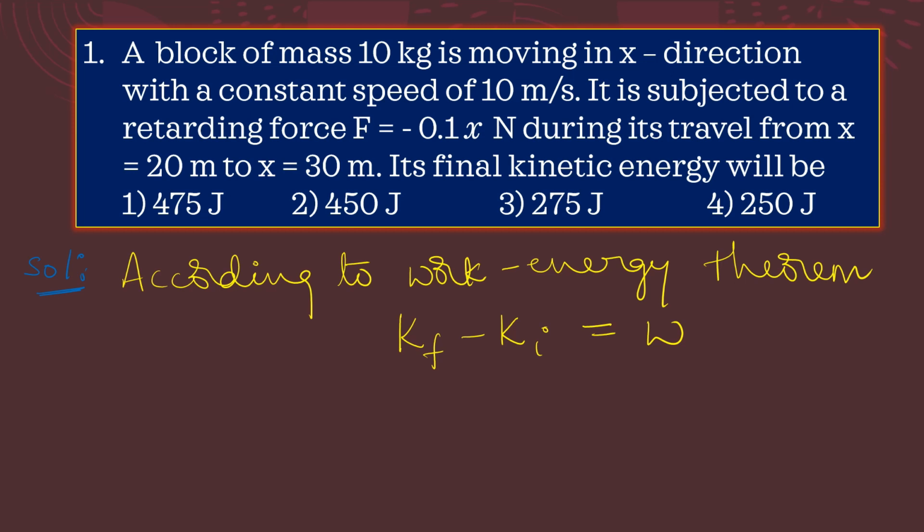This is initial kinetic energy. Let's substitute the values. Ki is nothing but half mv square.